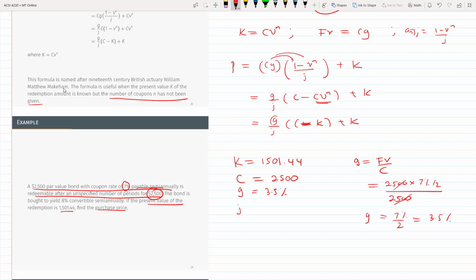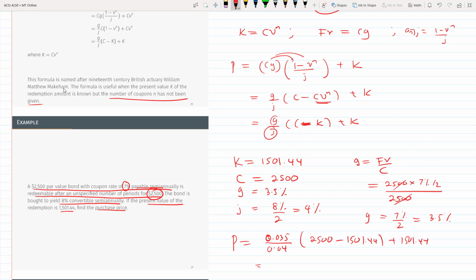The last term we need here is J. So what's the J? J is 8% convertible semi-annual. So 8% divided by 2, which is 4%. So we have everything. Let's calculate the price. G is 0.025, 0.04. C is 2500. And you would get the price.